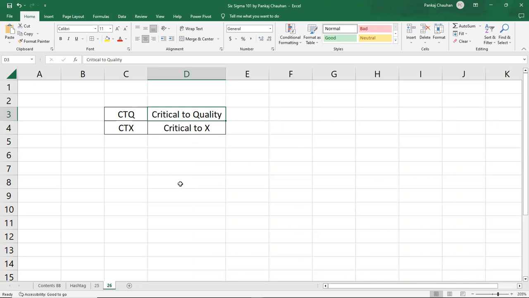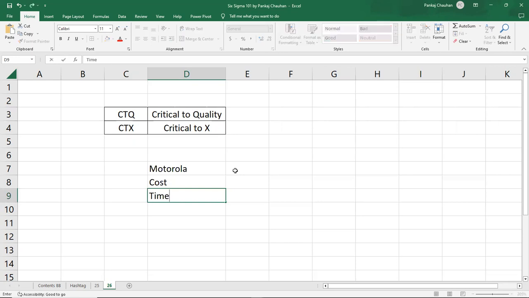Let's first understand why we call it CTQ, because we all remember that this was started by Motorola long back in 1986. That's Six Sigma. Motorola had three primary objectives at that time. They were trying to reduce the cost of operation, they were trying to reduce the timeline to launch a product, and they were focusing on the quality.